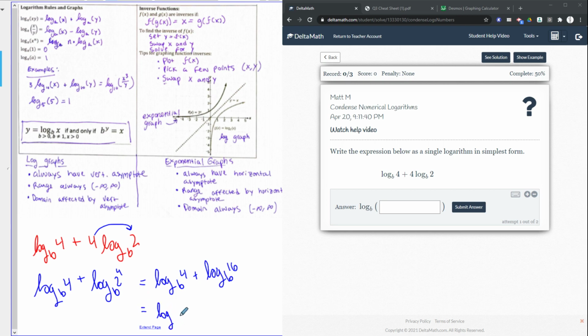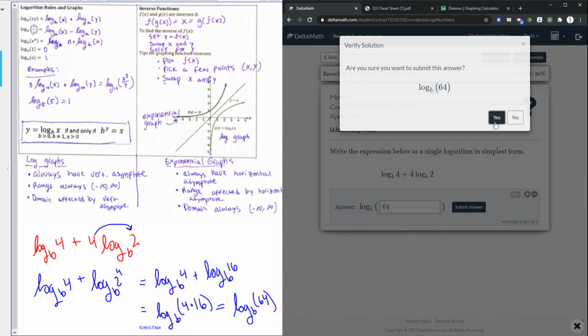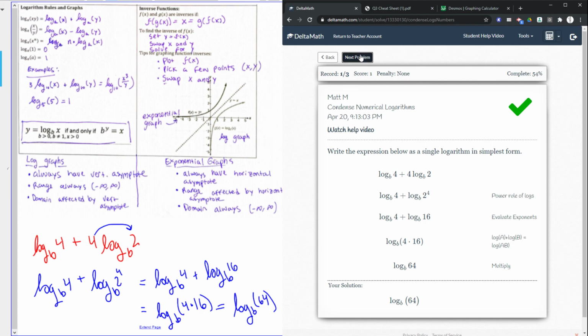So we're going to say log base b of 4 times 16. And what's 4 times 16? 64. Okay. Let's see if we did it right. Yay.